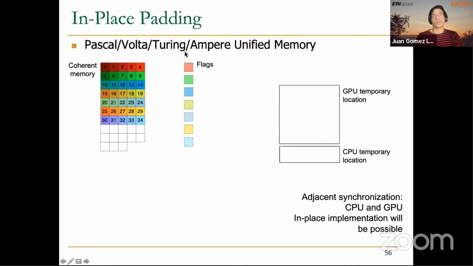So we can have an array of flags in the unified memory that is accessed by both the GPU workers and the CPU workers. The way we would do it, let's assume that we assign either to GPU blocks or to CPU threads different rows of this input matrix that is allocated as well in coherent memory.